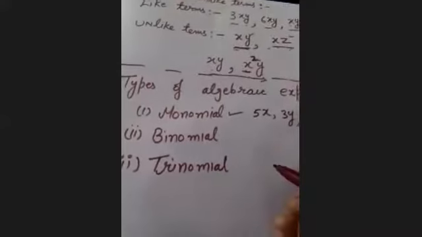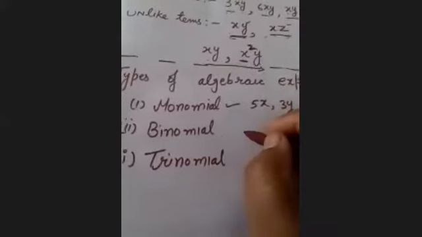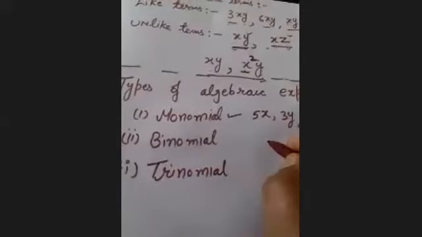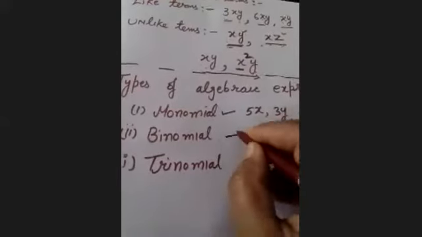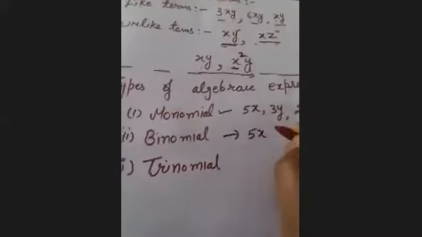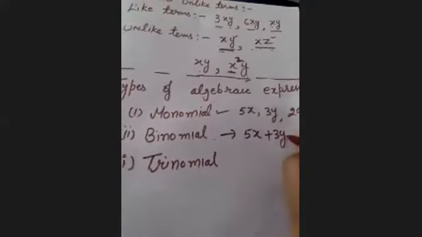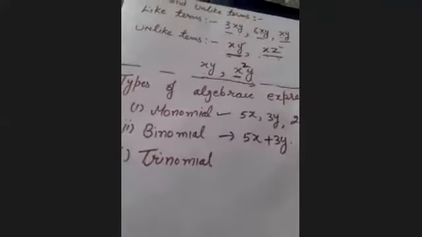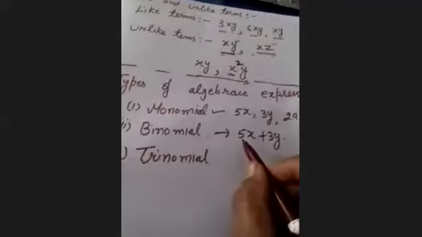Next is binomials, an algebraic expression having two unlike terms. For example, 5x plus 3y. In this expression, we have two terms.